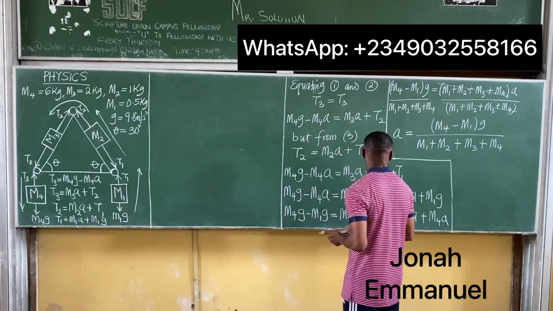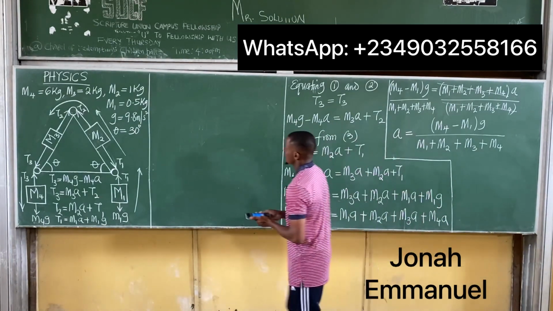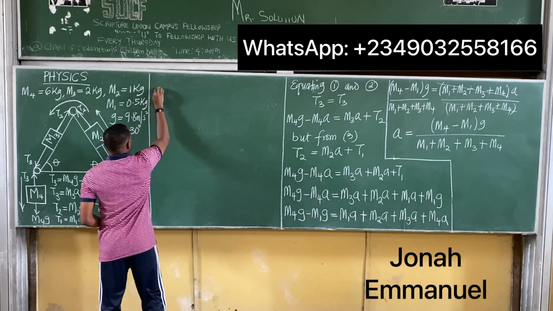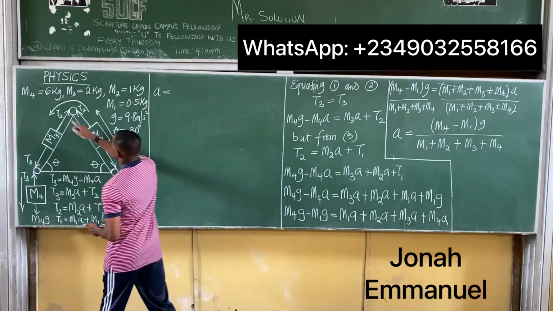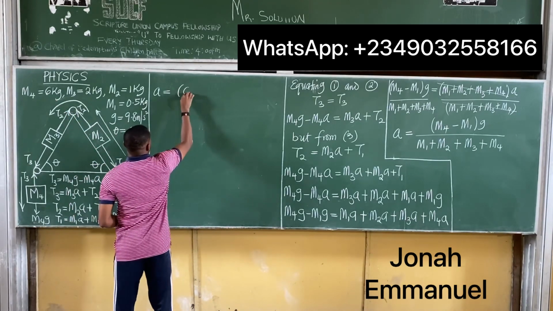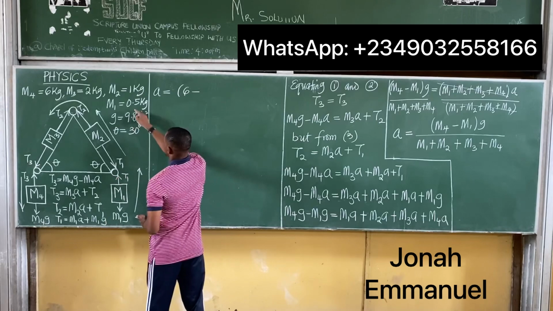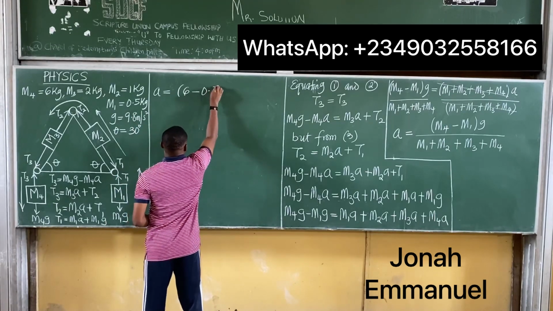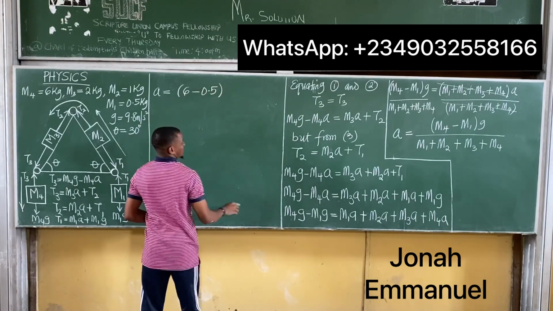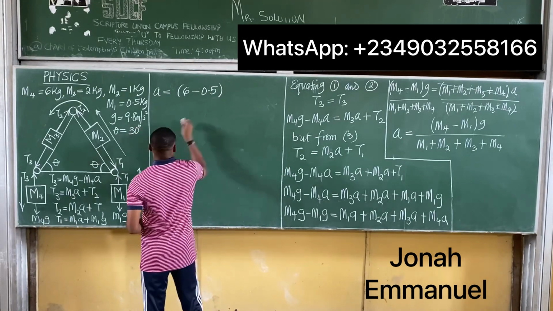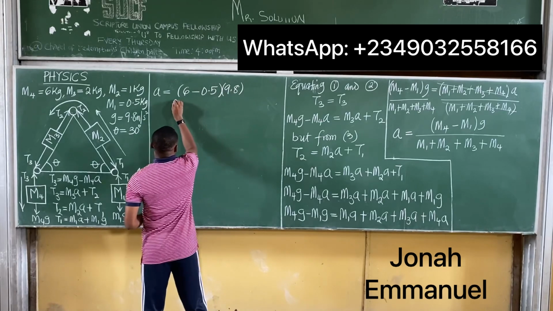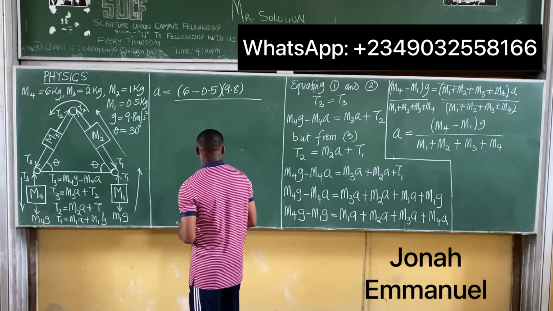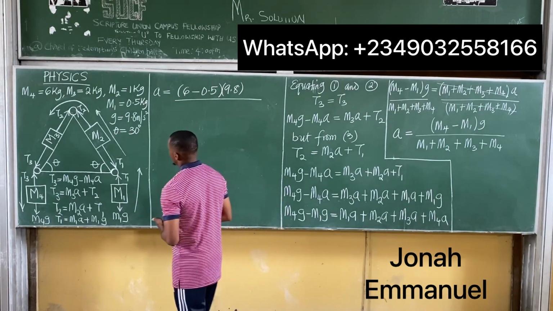Okay, so if you impute values, it means that A is equal to, we said, M4 minus M1. M4 is 6. So 6 minus M1, which is 0.5, all multiplied by G, gravity, which is 9.8, all over M1 plus M2 plus M3 plus M4.